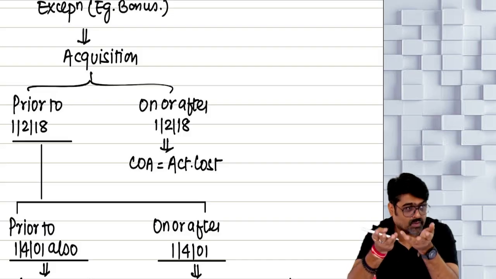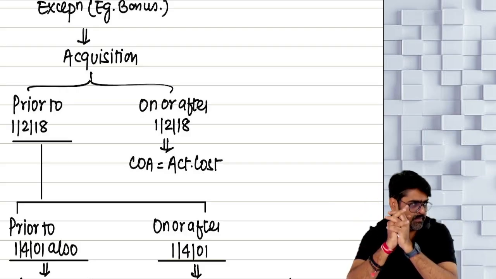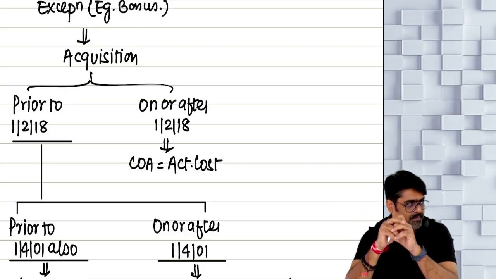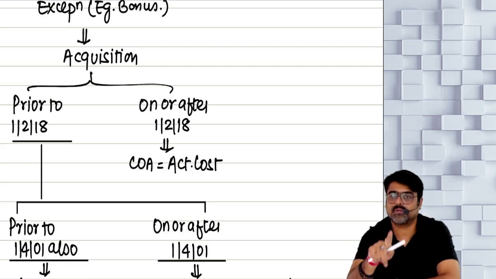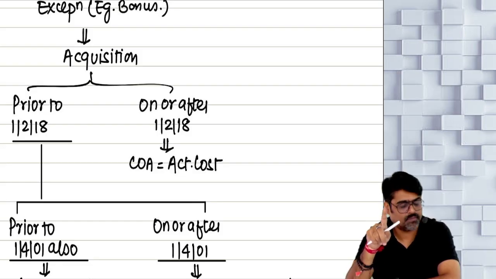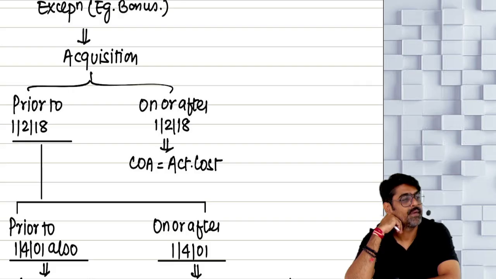So we are not going to calculate the long-term gain. What if that date was changed? For example, Mithun got 100 bonus shares on 1st of December 2016.